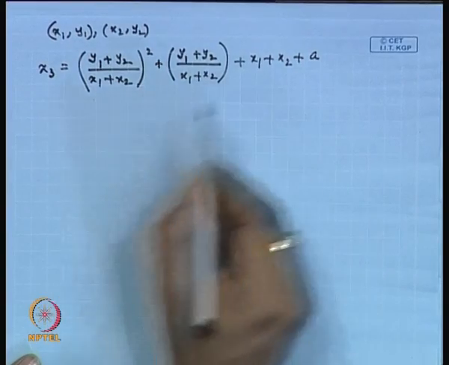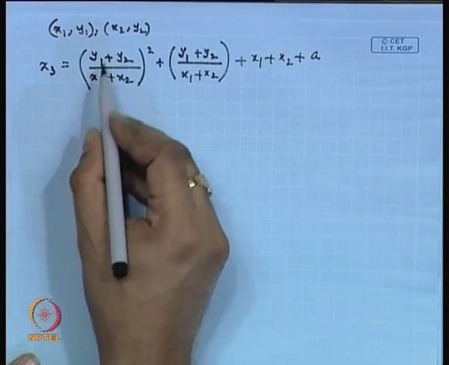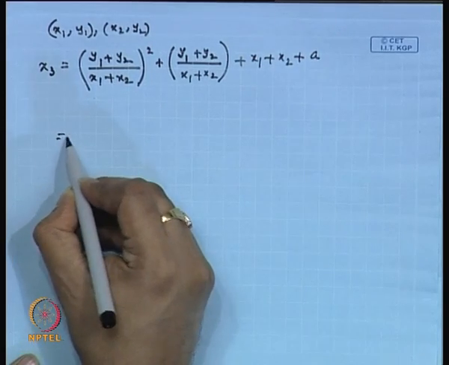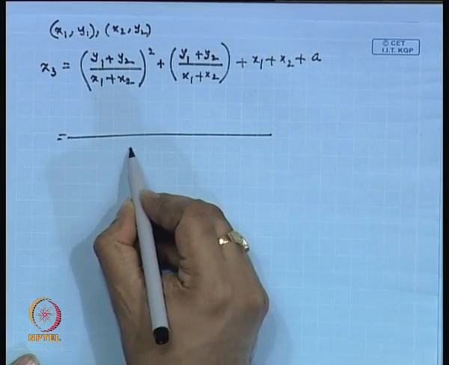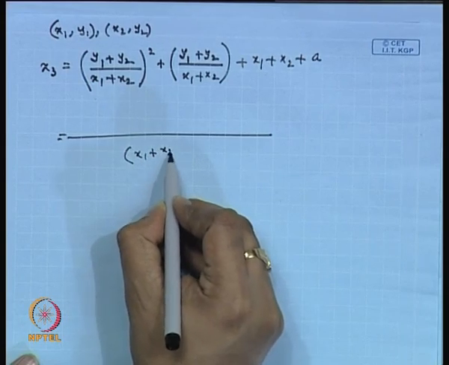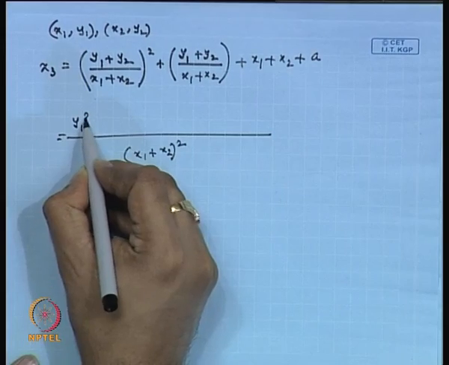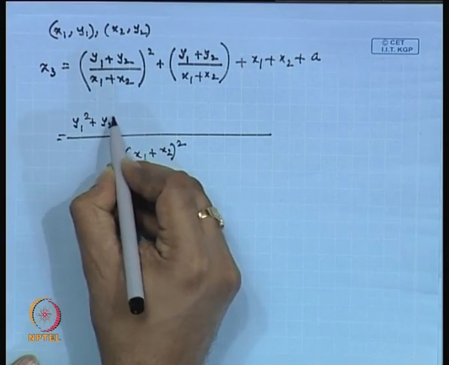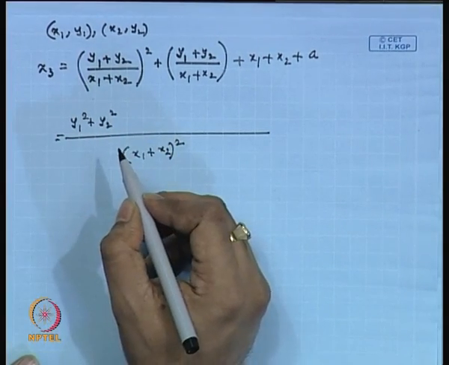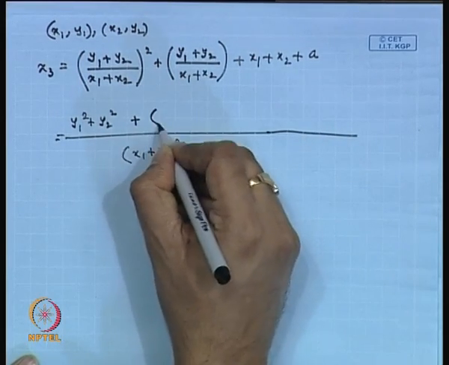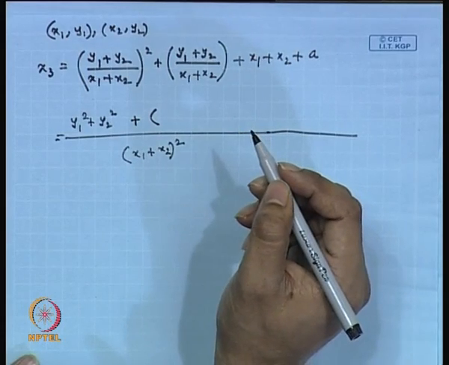Now if I want to obtain the sum of x1, y1 and x2, y2, then I can simplify this and write it as (x1 plus x2) whole square, and the numerator will be y1 square plus y2 square. Why? Because 2 y1 y2 is 0 here. So, then you have got here (x1 plus x2) into (y1 plus y2).